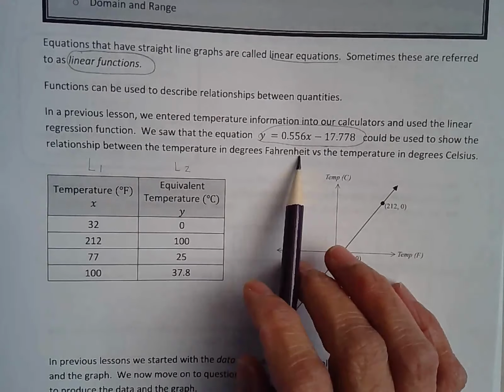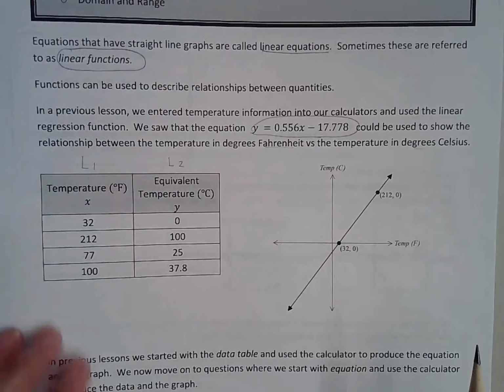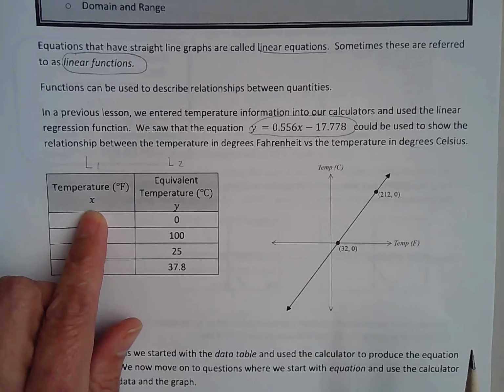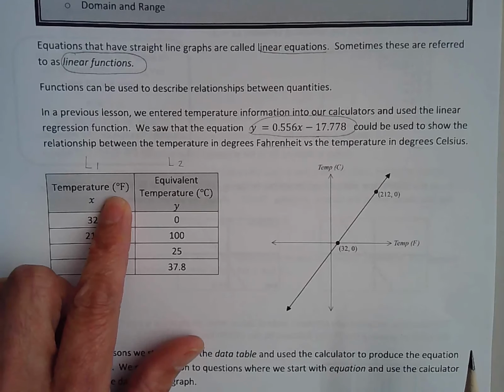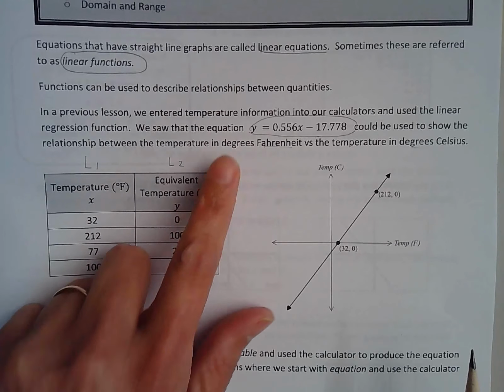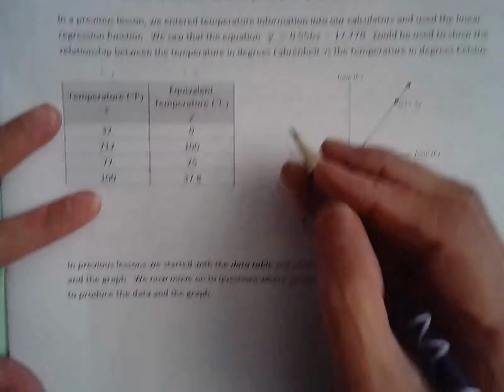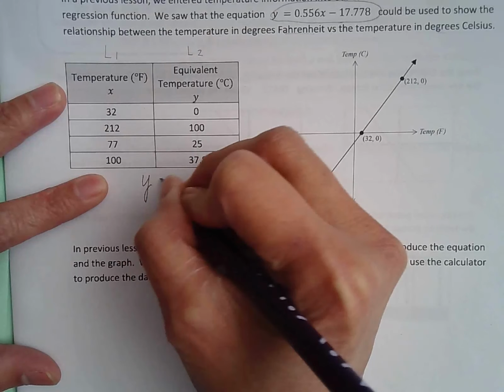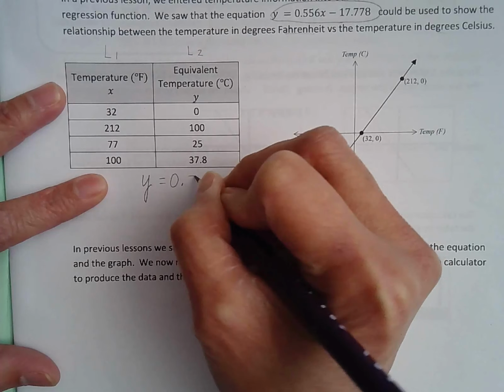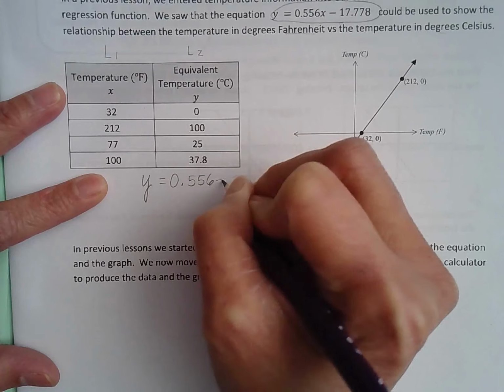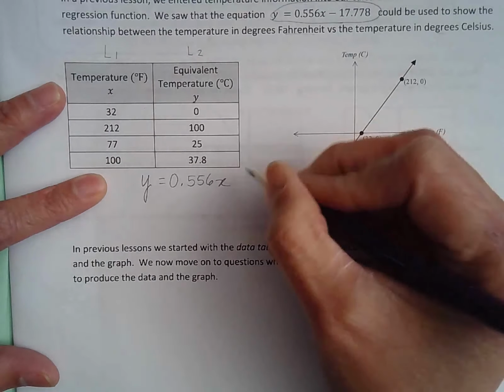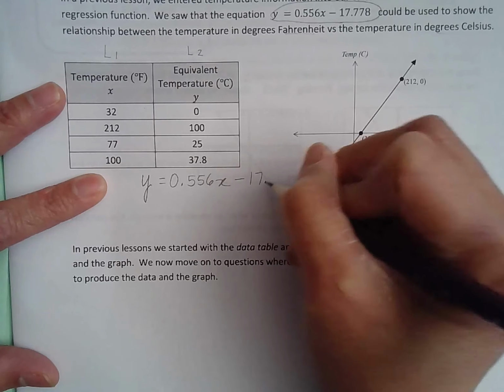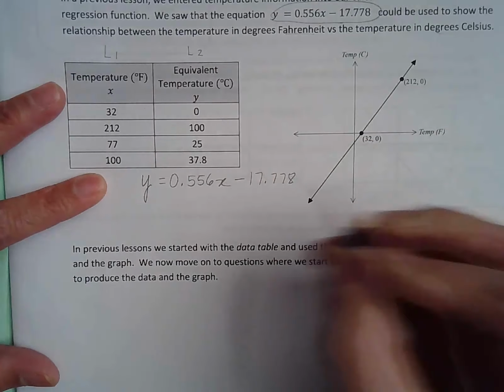Which one is x? Let's see here. This is your x, which is degrees Fahrenheit, and then the y will be degrees Celsius. So when we have something like this, y equals 0.556x minus 17.778.